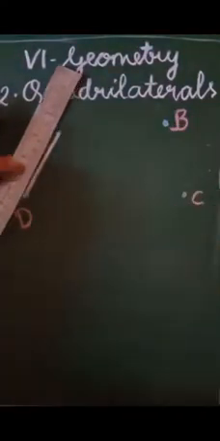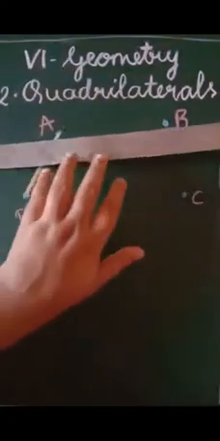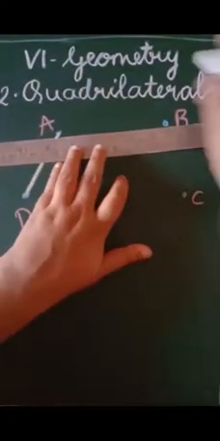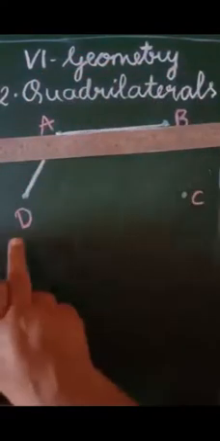Okay, now we are going to join the points and form a closed figure. For that, first I am going to join the points A and D. So whenever I am joining point A and D, are you saying that B and C are on the same side? Yes. Now I will join points A and B. So when I am joining points A and B, D and C are on the same side.